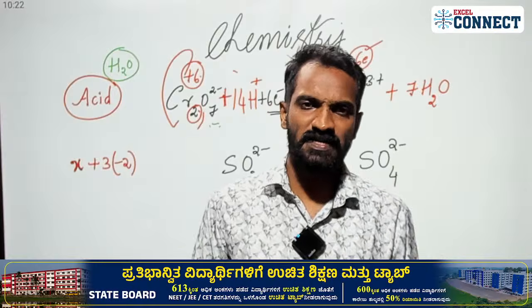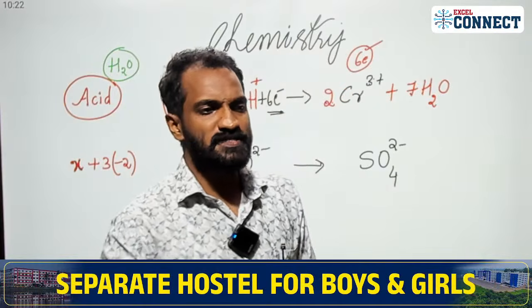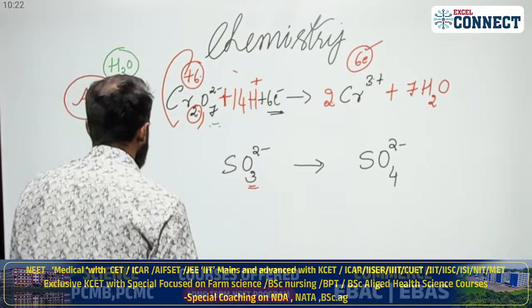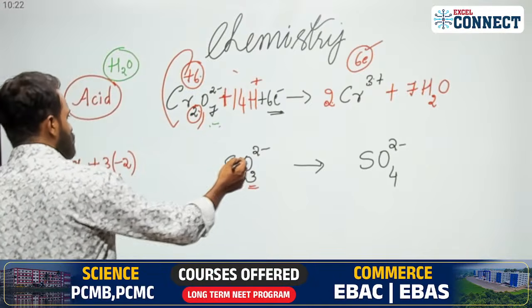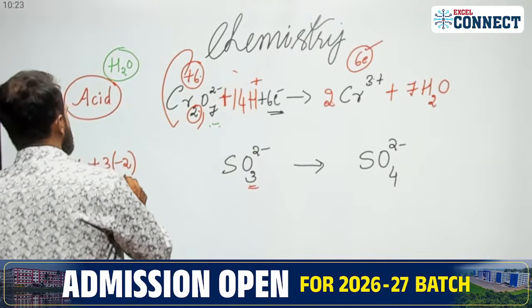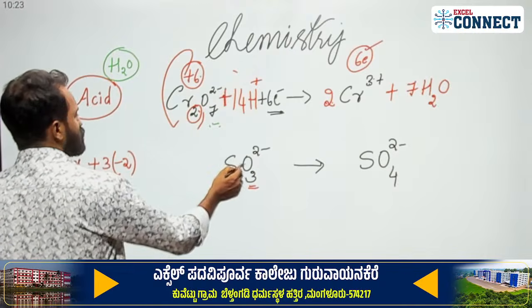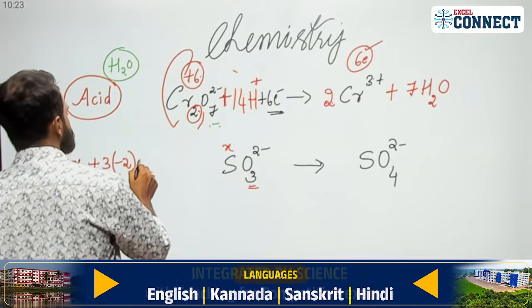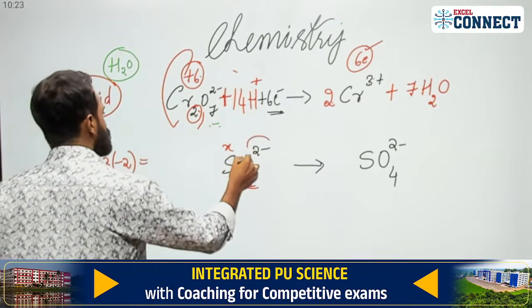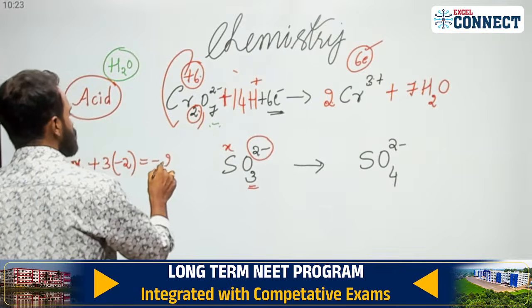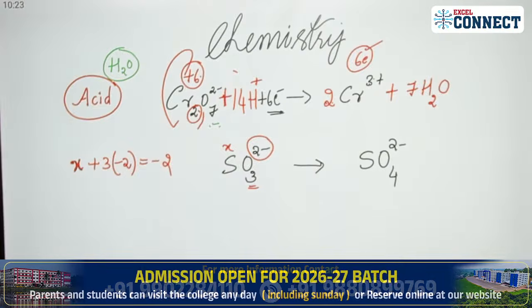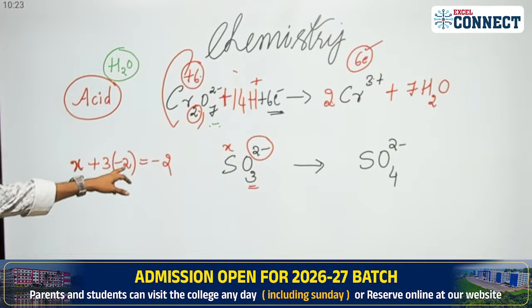So oxygen in its normal state has -2 oxidation state. And my dear students, X plus 3 oxygens, each -2, is equal to the charge already given, which you have to consider. So you don't ask, sir, from where did you get this?